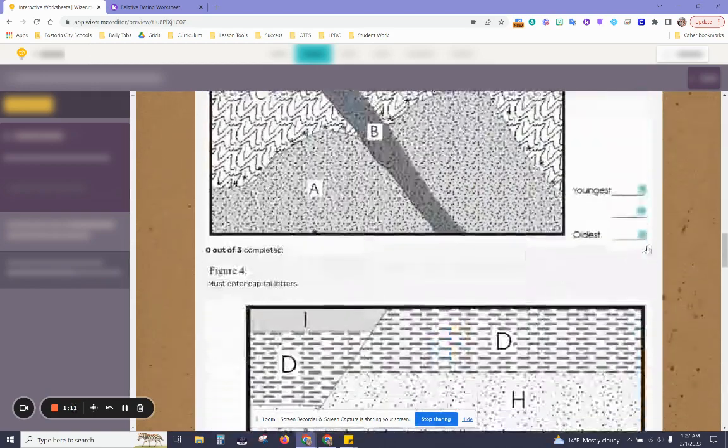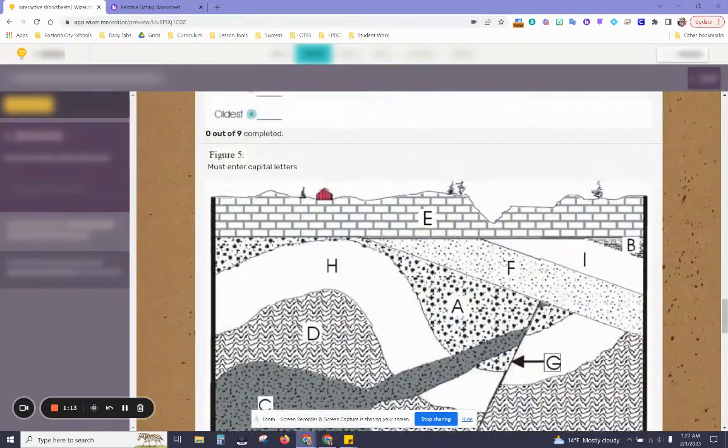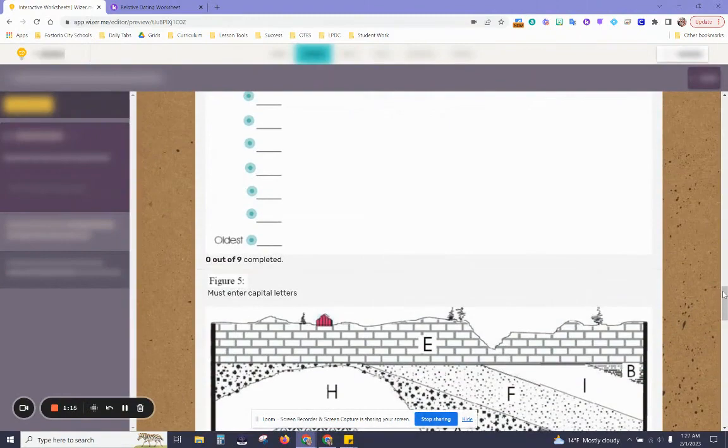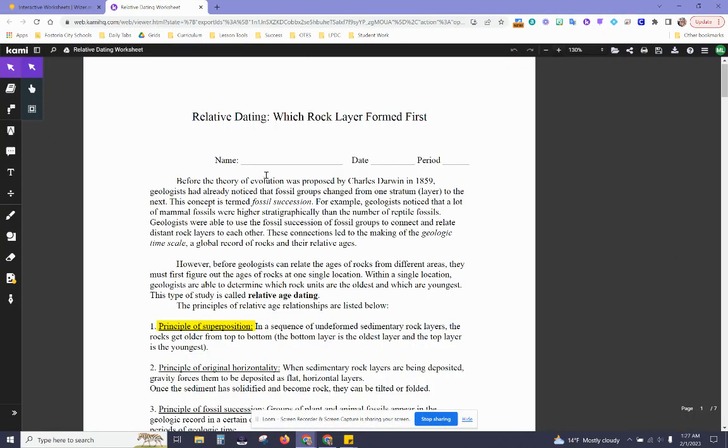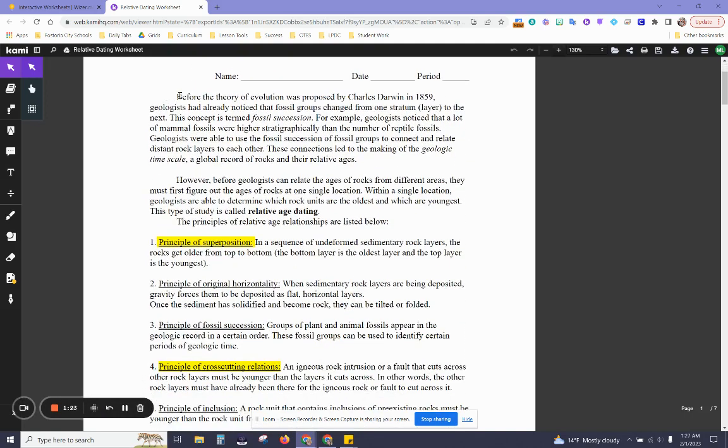Sometimes rock layers get really, really messed up, but there's a couple of principles that we can follow. So let's look at some background information on what relative dating is. I'll read this for us. Before the theory of evolution was proposed by Charles Darwin in 1859, geologists had already noticed that fossil groups changed from one stratum layer to the next. This concept is termed fossil succession.